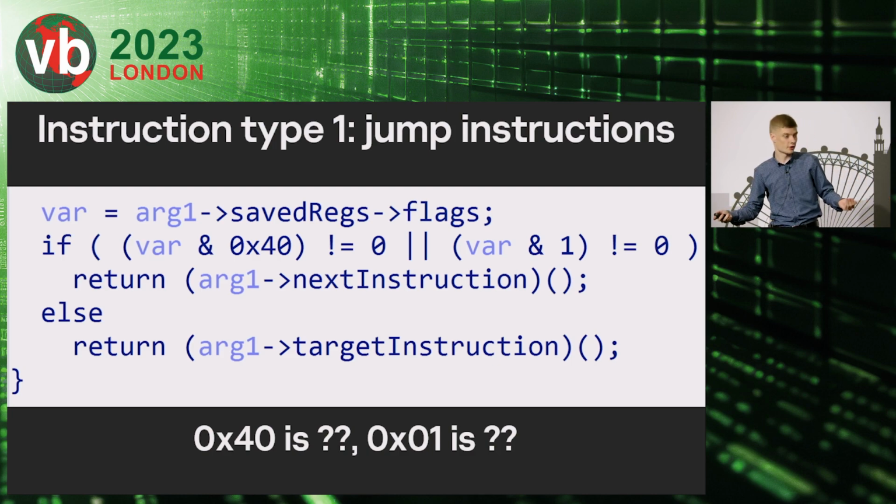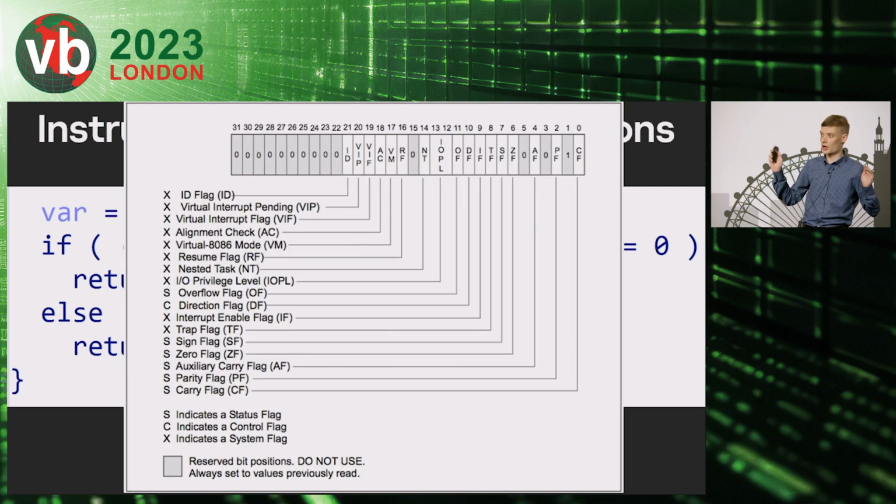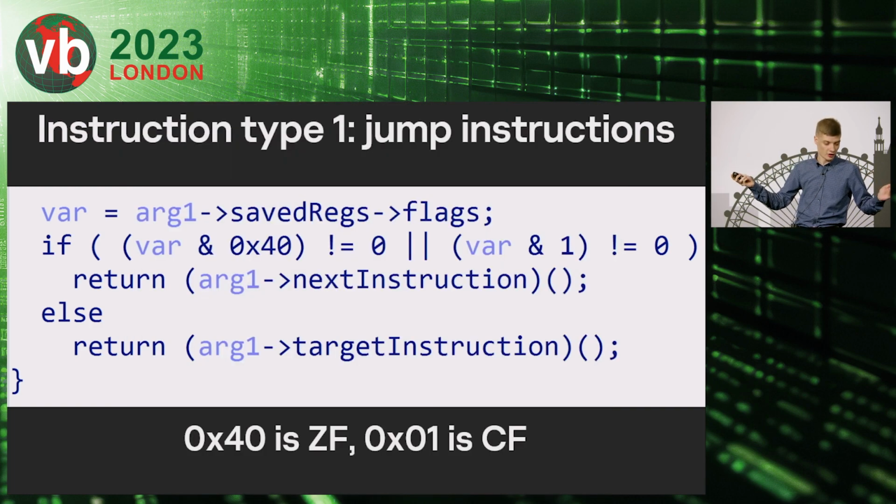To do this, we can consult the Intel architecture manual, the documentation of the EFLAGS register. From it, we're able to find that 0x40 is the zero flag, and 0x1 is the carry flag. And so we have a condition: if the zero flag is not 0, or the carry flag is not 0.